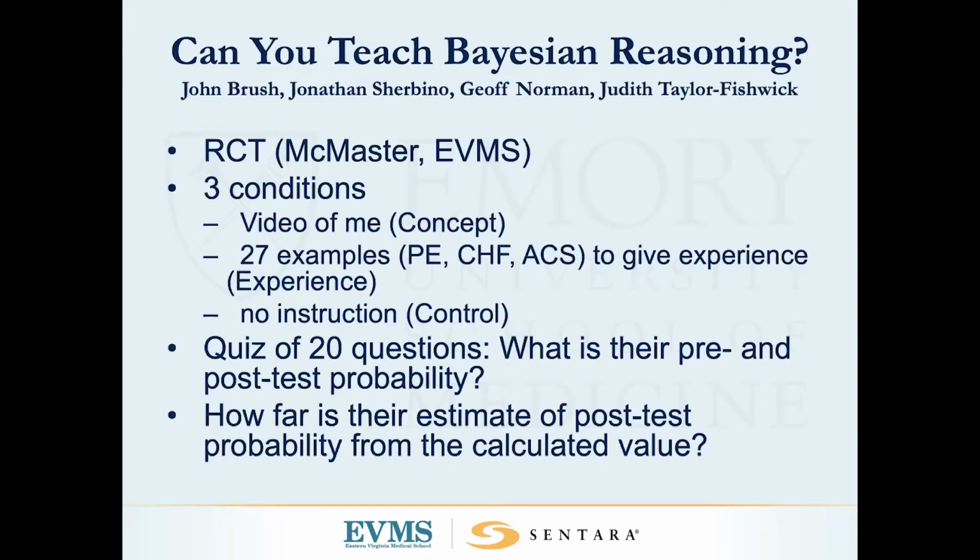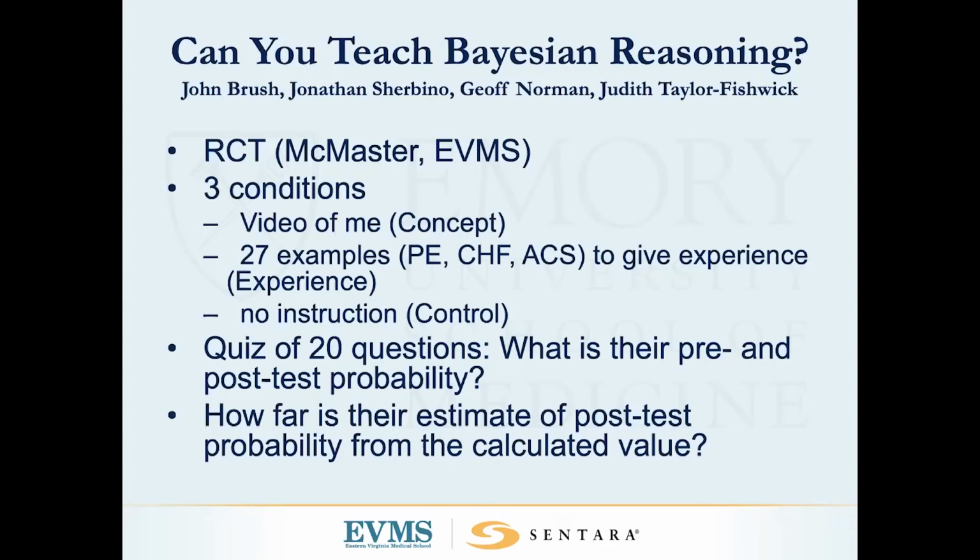These medical students were randomly allocated to one of three conditions. One was an 18-minute video of me teaching the concepts of Bayesian reasoning. The second group was shown 27 examples of diagnoses and how they played out, and what the final probability assessment was after testing.